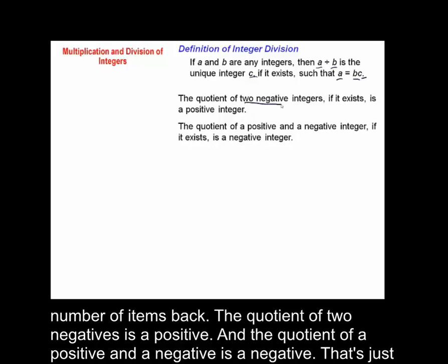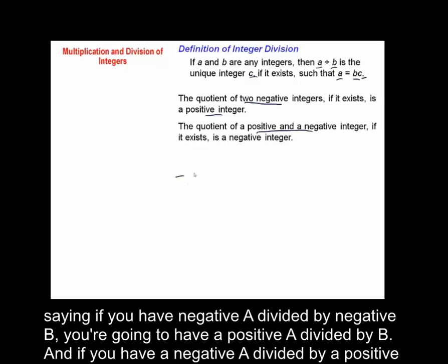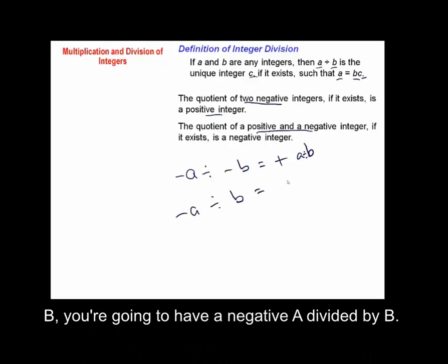The quotient of two negatives is a positive, and the quotient of a positive and a negative is a negative. That's just saying if you have negative a divided by negative b, you're going to have a positive a divided by b. And if you have a negative a divided by a positive b, you're going to have a negative a divided by b.